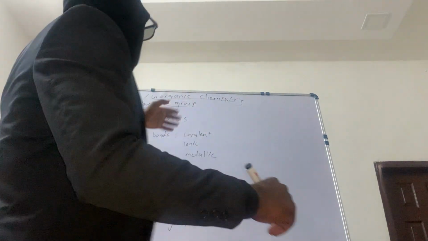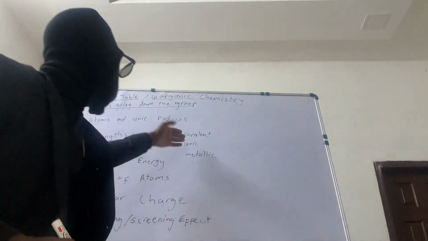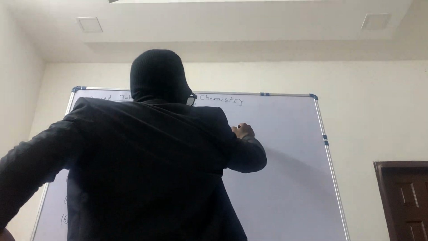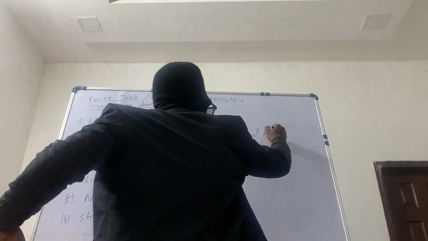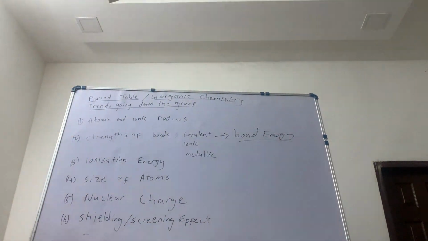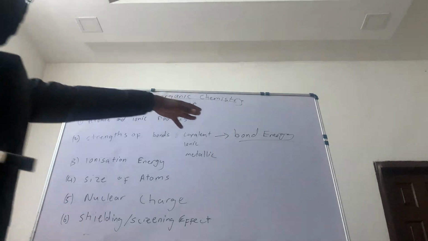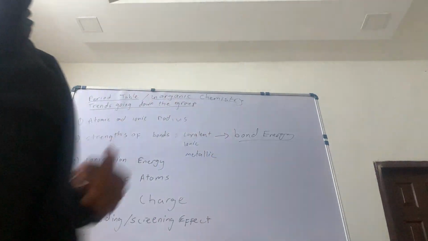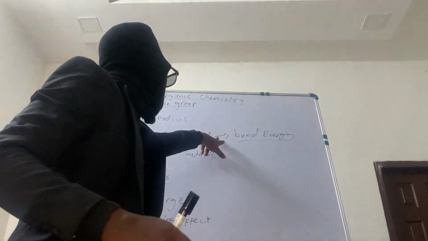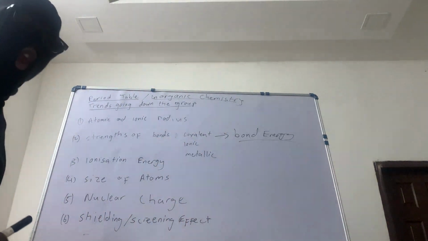What is used to measure the strength of the covalent bond? We use what is known as bond energy. Bond energy is used to measure the strength of the covalent bond.